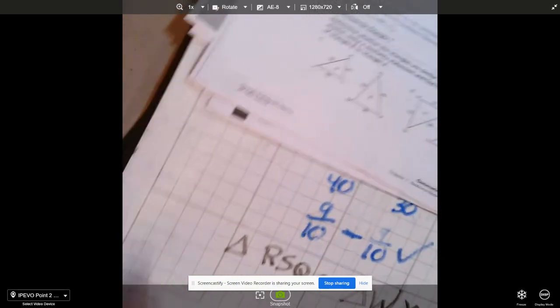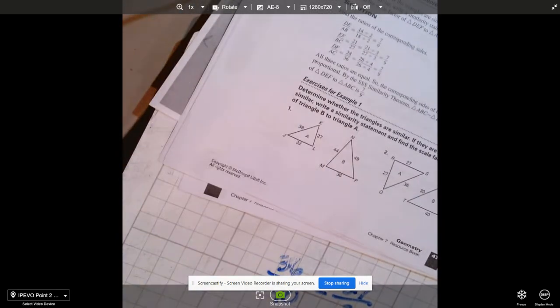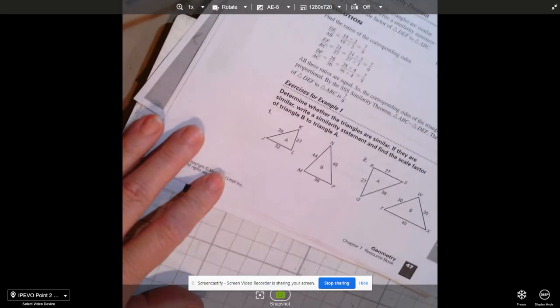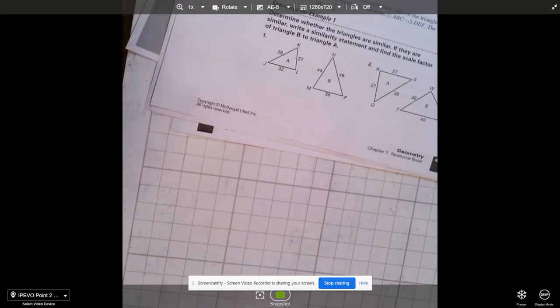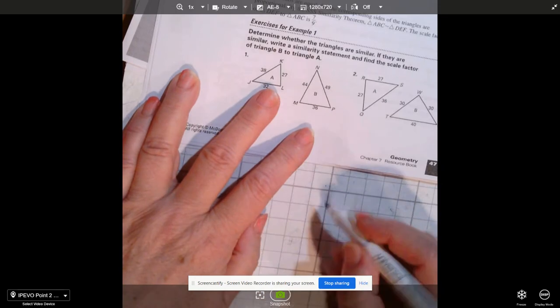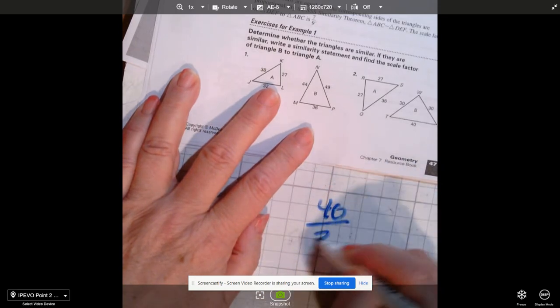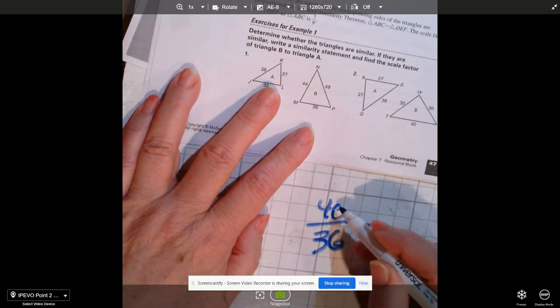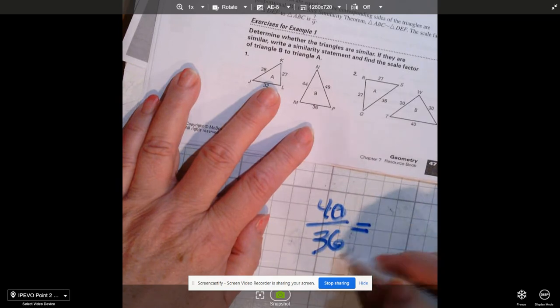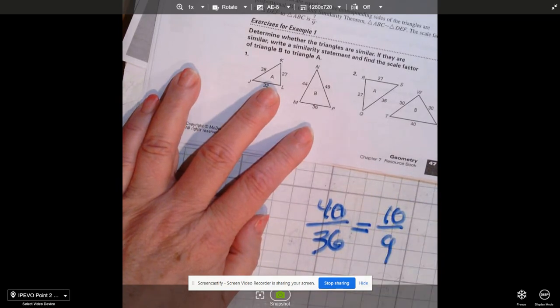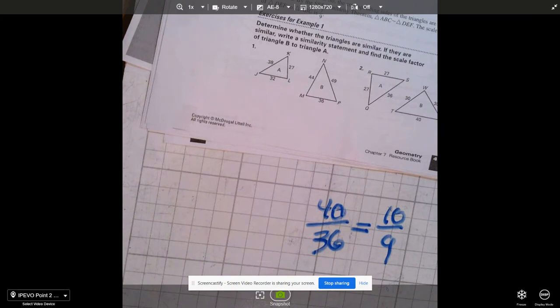Here, I'll just do it up here so you can see. You just want to find a ratio of their sides, which we've really already done. So you're going to have 40 over 36, which we already know. Now if I reduce this fraction, this will be 10 over 9. So the scale factor would be 10 over 9.